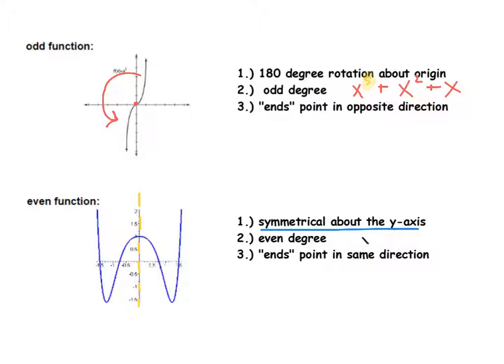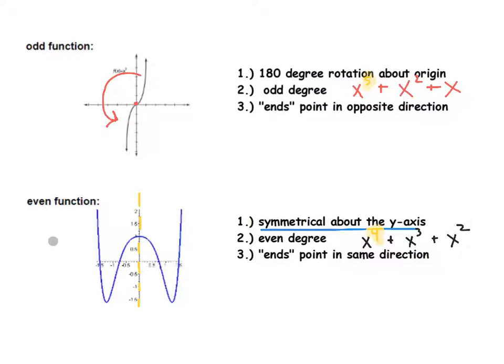So in this case, it might be x to the fourth plus x to the third plus x to the second. Now it has other exponents, but the highest one is an even number. So that makes it an even degree. We also then know that the ends point in the same direction.